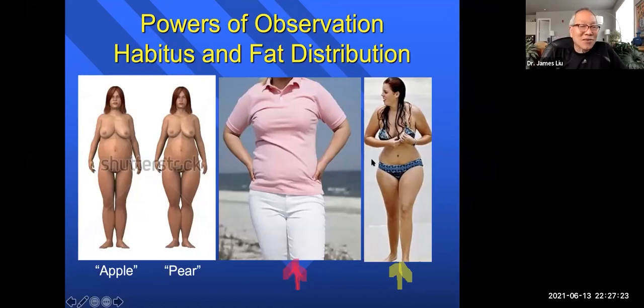So I think these are examples of where you pay attention to this and begin to think as you're examining the patient, is this woman showing some androgen or more predominantly estrogen? So this reflects the estrogen to androgen ratio on the habitus.